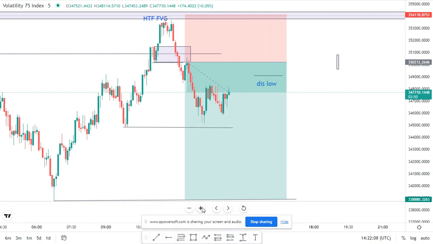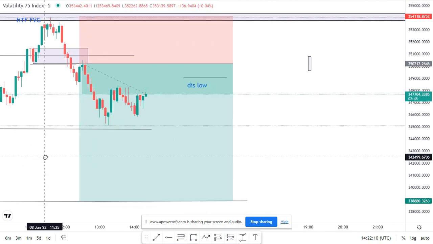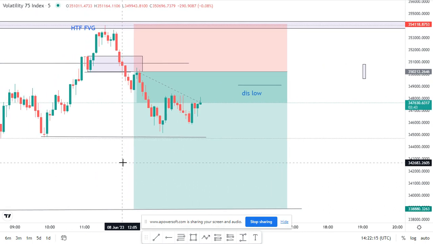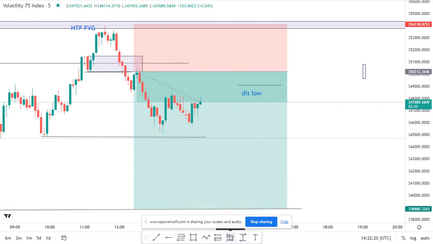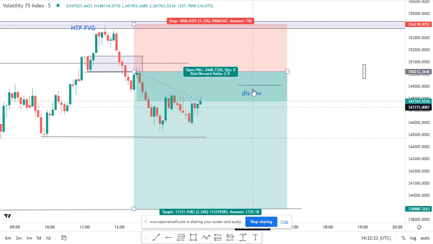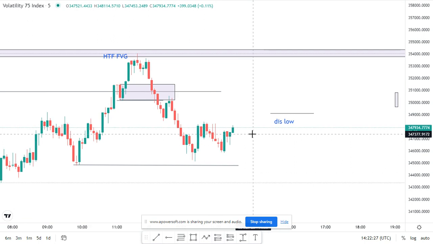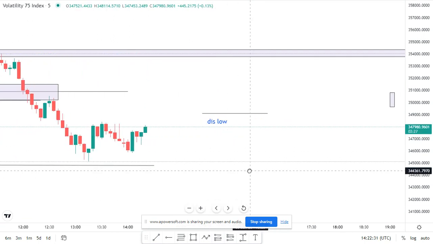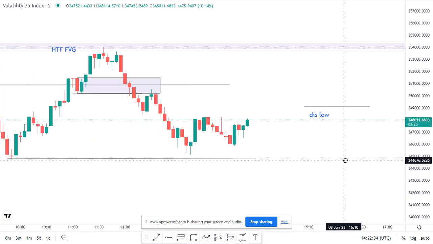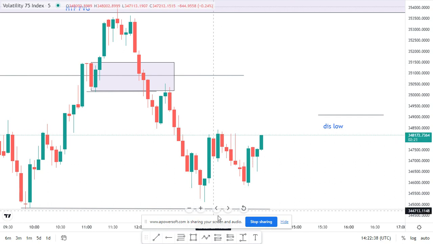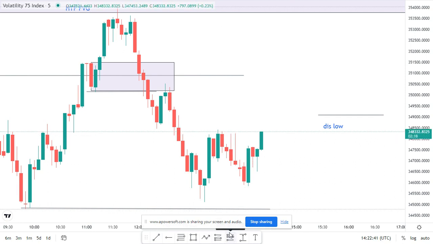Let's say you don't want to put a limit order here. You can wait for a candlestick rejection, a candlestick pattern.